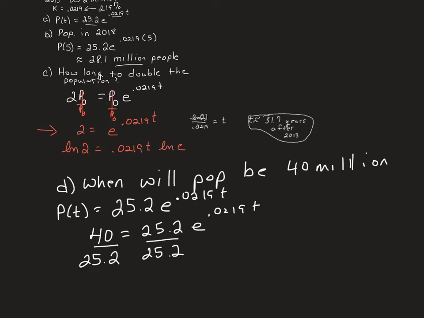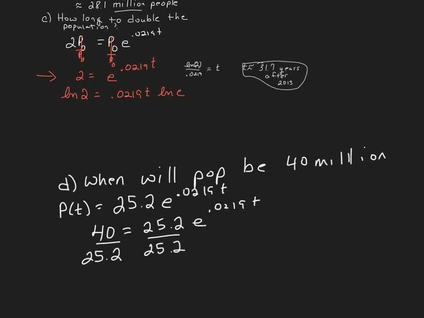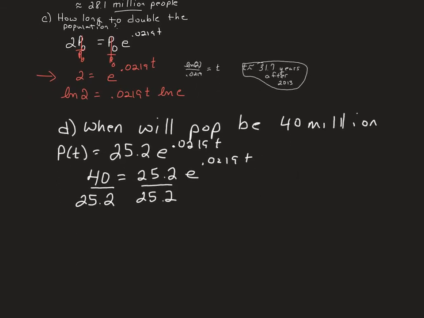And we get, let's see, 40 divided by 25.2 is 1. Tell you what, let's just keep it at 25.2 so that we are not working with decimals that may throw us off. I'm just going to keep that because that's an exact answer versus an approximation.